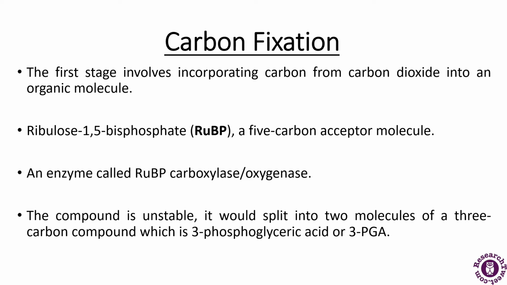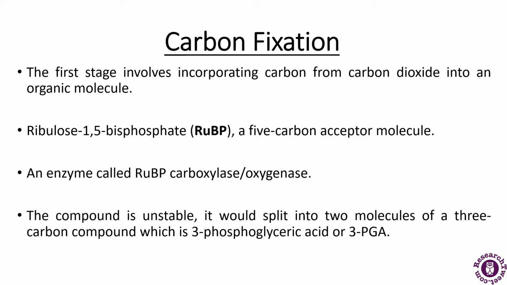So the carbon dioxide combines to this RuBP, and an enzyme called RuBP carboxylase or oxygenase, or Rubisco, catalyzes the attachment of carbon dioxide to RuBP. So this process makes a 6 carbon compound. So earlier it was a 5 carbon compound.